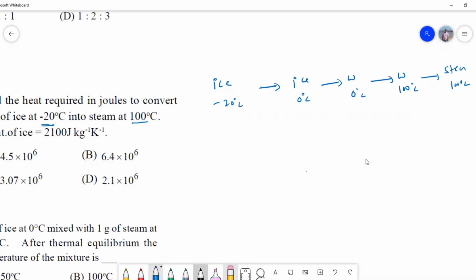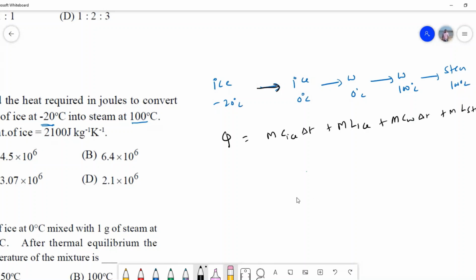So here, the total heat absorbed is, there is a change of state and change of temperature. So mass into specific heat of ice into change of temperature, plus change of state, m into latent heat of ice, plus m into specific heat of water ΔT, plus m into latent heat of steam.